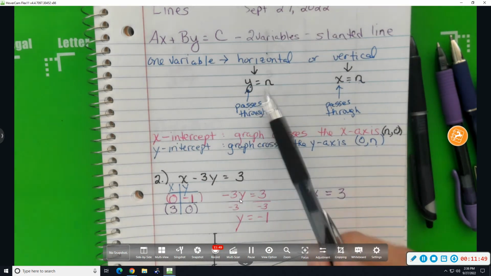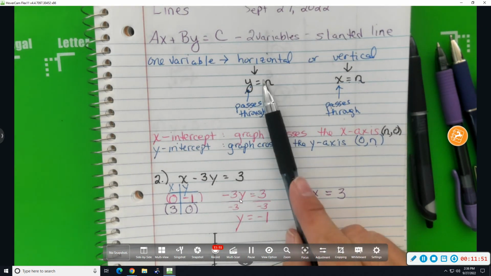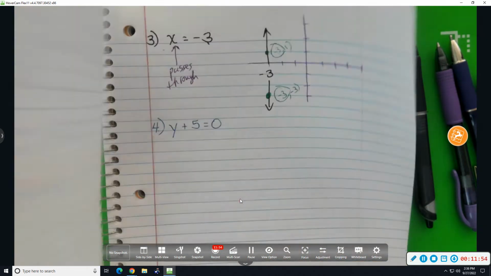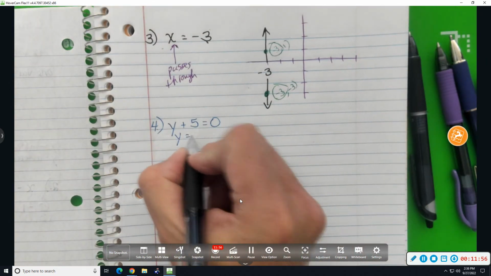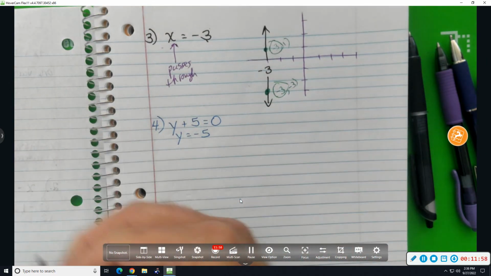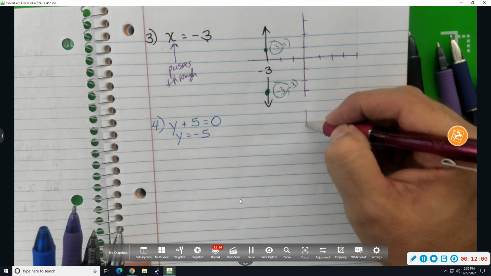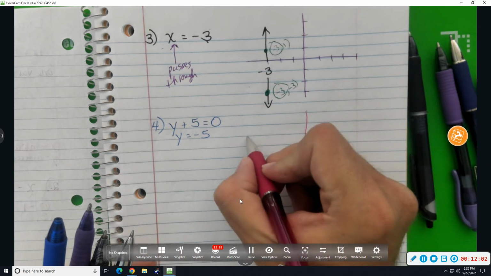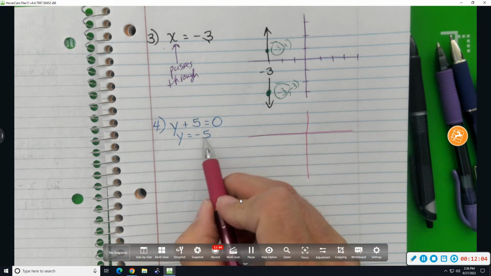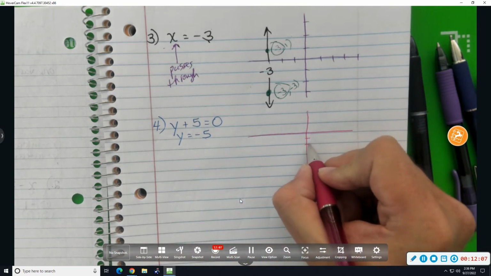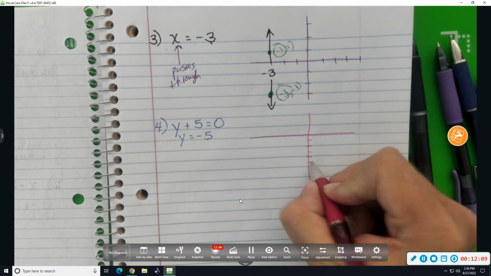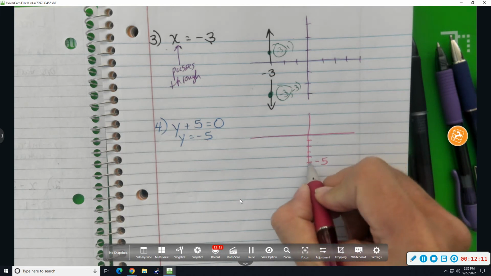Y equals -5. Get it in that form, y equals. And because it's a y, it passes through the y-axis. And when it's negative, it has to go on the bottom. Okay. That's a horizontal line. Exactly. Very good. It's passing through -5. 1, 2, 3, 4, 5. There's -5 on the y-axis.